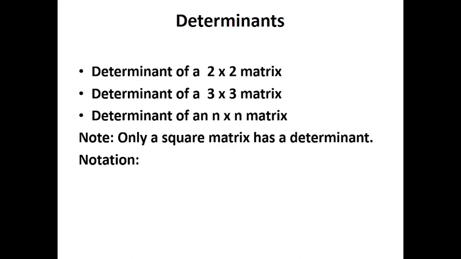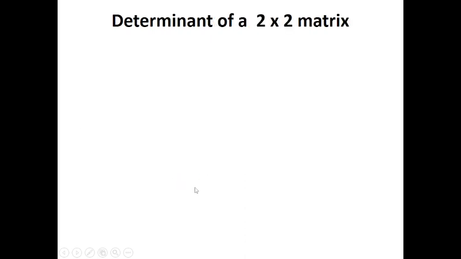This is the notation: DET A, or det open parenthesis A close parenthesis, or the symbol of two parallel lines with the matrix inside. Let's start with finding the determinant of a 2 by 2 matrix.